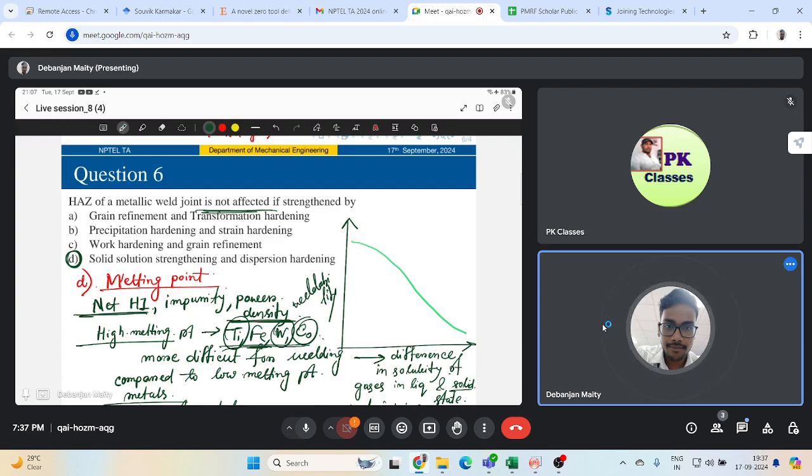Because of that, what will happen? That will cause some redistribution of these alloying elements. Whenever they redistribute, they will reduce the effectiveness of solid solution strengthening in that zone.